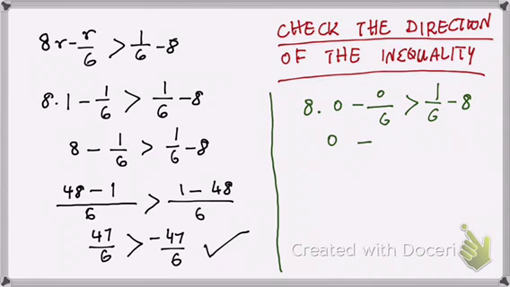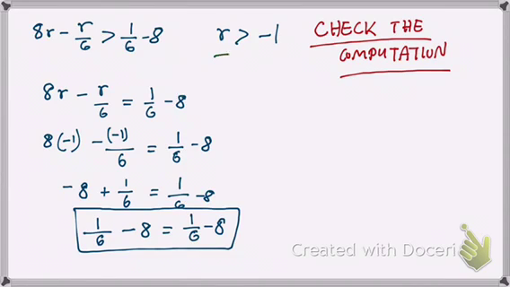The answer we got was r greater than -1. What this means is that r can be any value greater than -1. We already tried 1. We can also try 0.